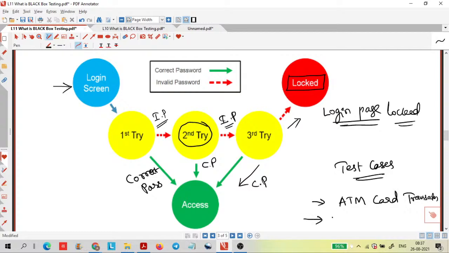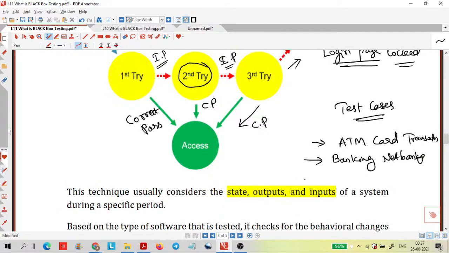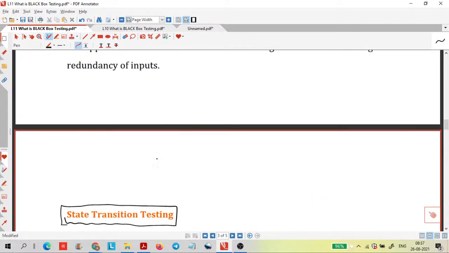Even for net banking also. Then consider your Gmail, or any login, login of any application. Okay, so that is state transition testing.